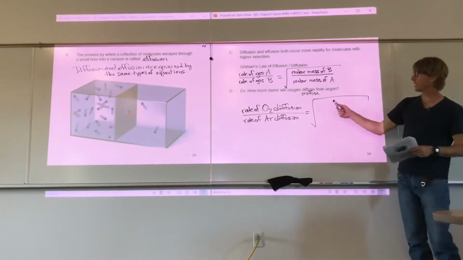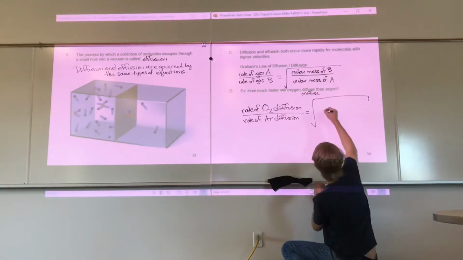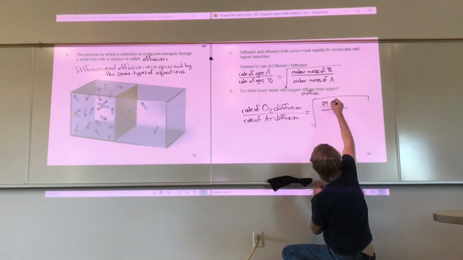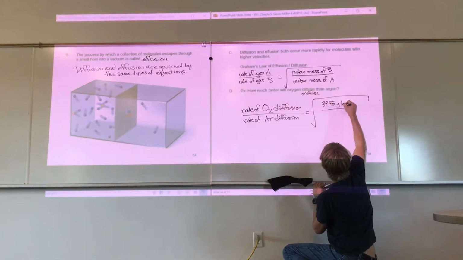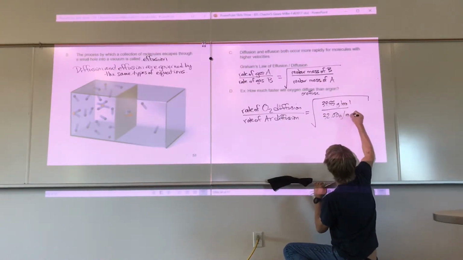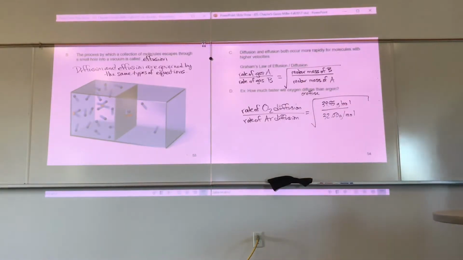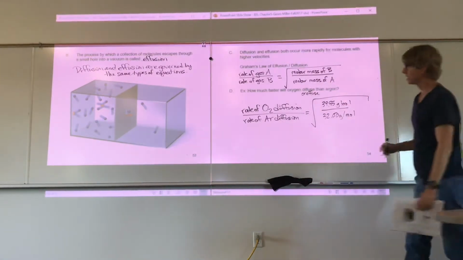Going to have the molar mass of argon on top, 39.95. This is oxygen gas, and so it is O2.